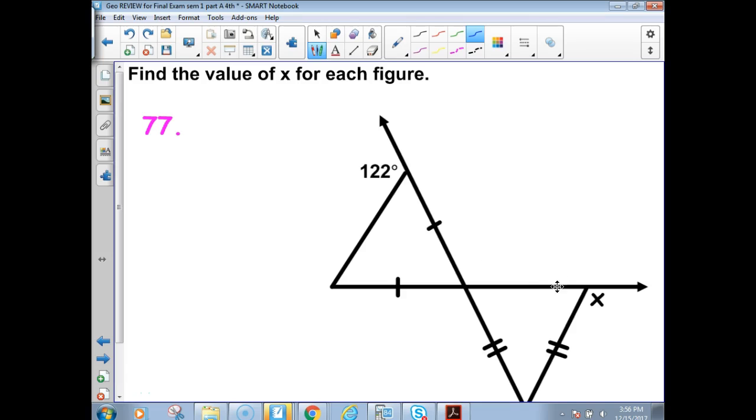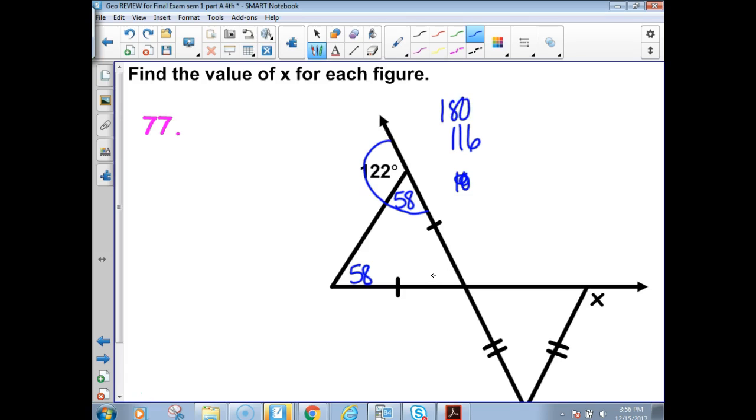177. Oh, if that's 122, this is the supplement to it. So it would be 58. And then that's an isosceles triangle. So this would be 58 also. So I've got 116 so far between 58 and 58. So I go 180 minus 116.